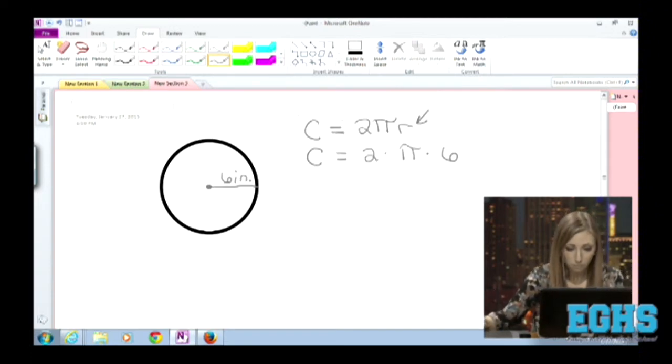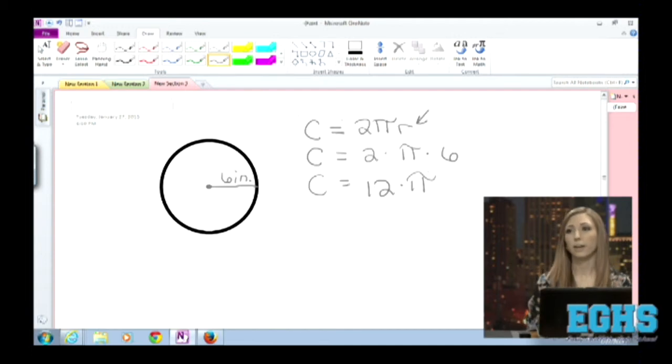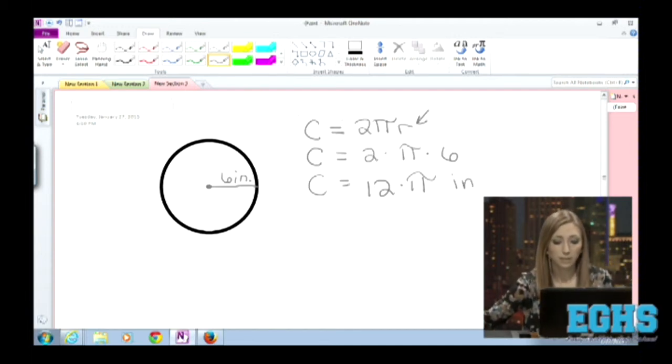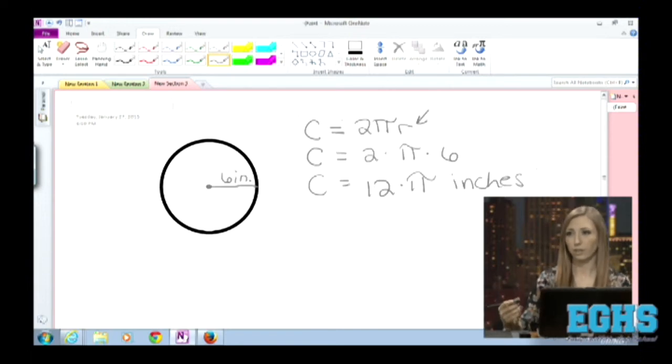Now, you can go ahead and multiply the 2 and the 6, so 12 times pi. Since we're measuring in inches, it would be 12 pi inches. You would want to ask your teacher if you should leave your answer with pi, or if you should multiply the value of pi with 12.